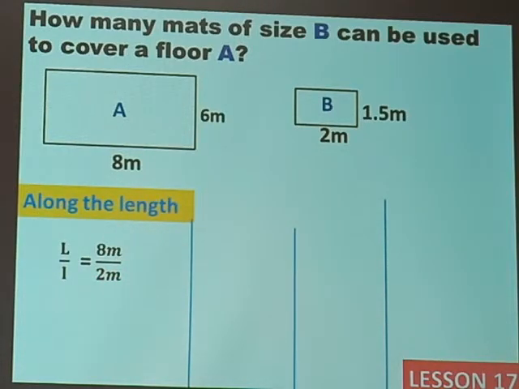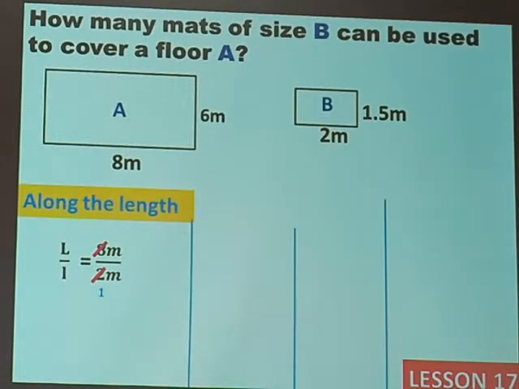To get our answer, it's necessary for us to reduce. We need to cancel. What is the common factor for 8 and 2? That is 2. So 2 meters divided by 2 meters, what shall we get? We'll get 1. 8 meters divided by 2 meters, what shall we get?